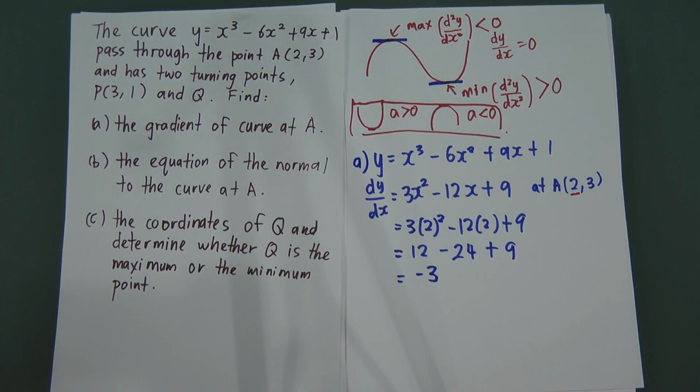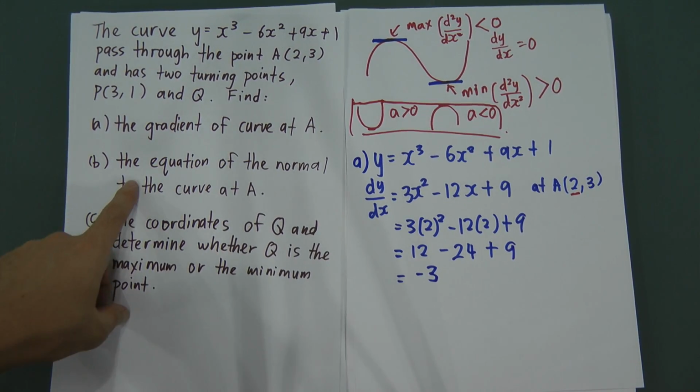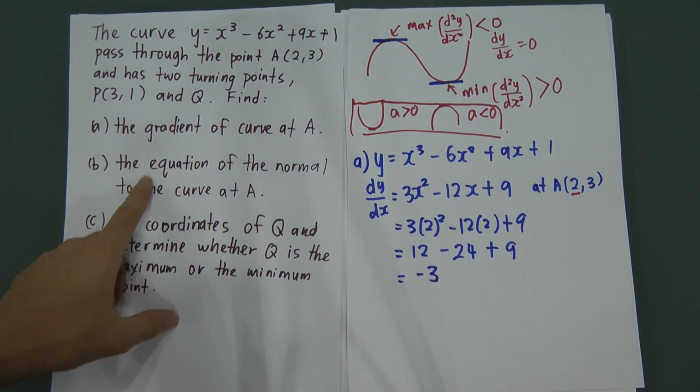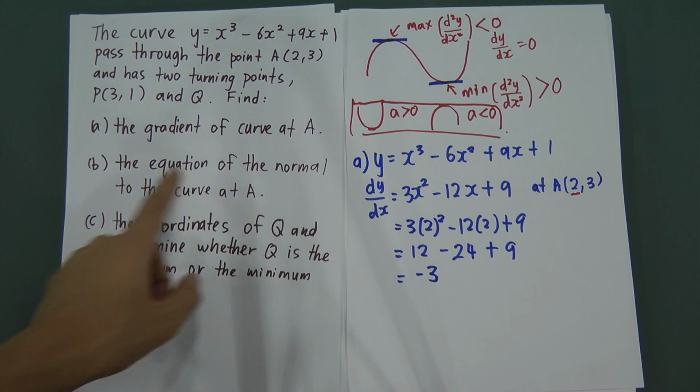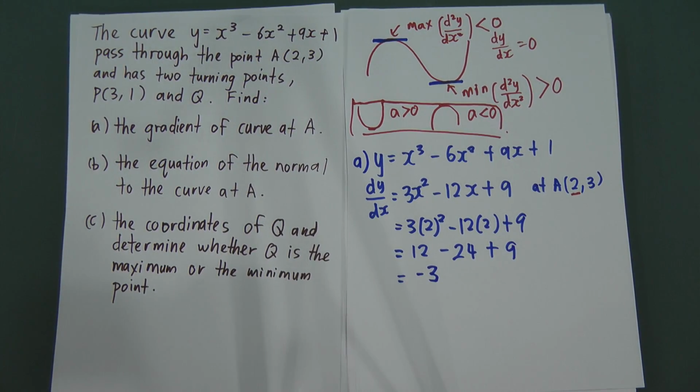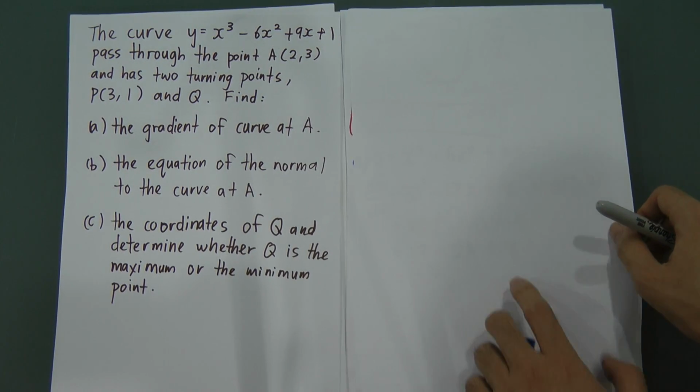After that, part B asks us to find the equation of the normal to the curve at A. At A, we got the gradient negative 3.